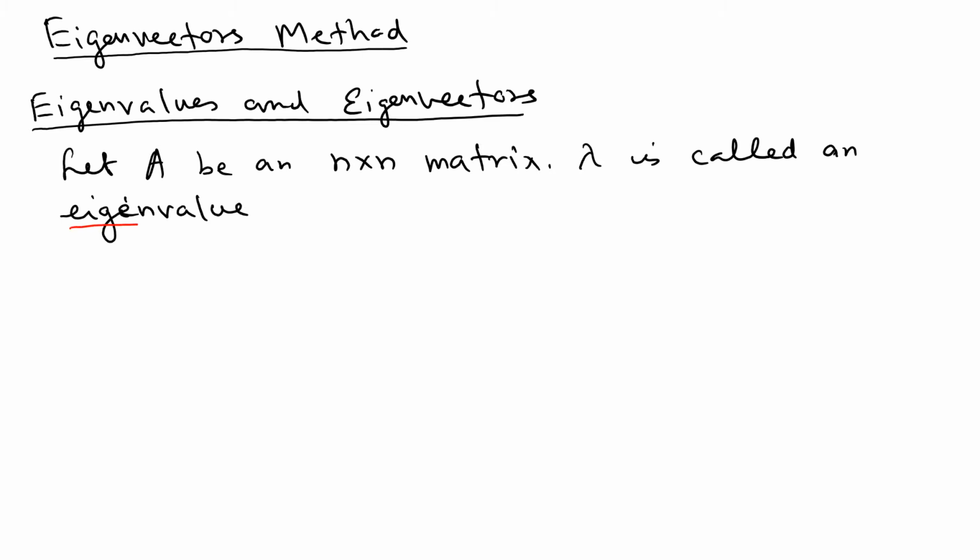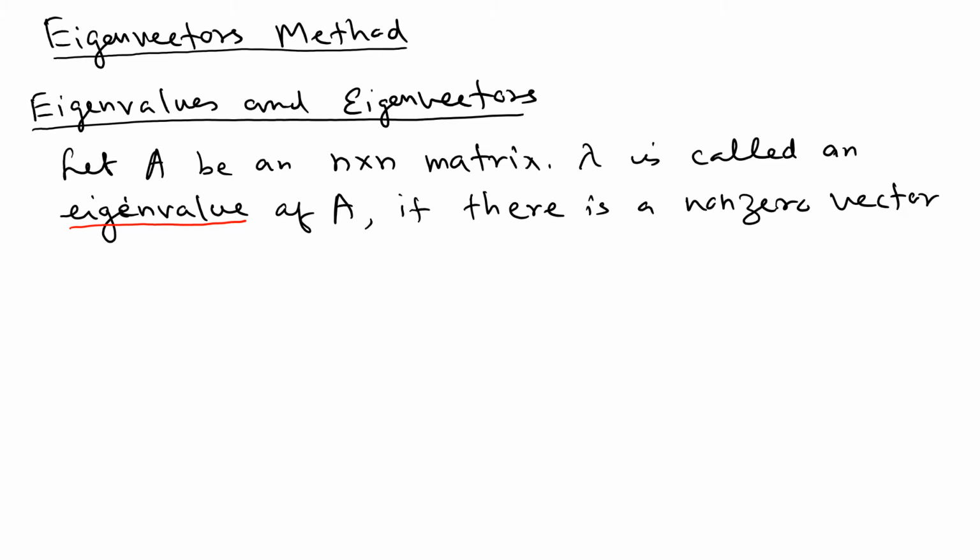Lambda is called an eigenvalue of A if there is a non-zero vector nu. It's very important because the zero case is not really important. If there is a non-zero vector nu such that A nu equal lambda nu.